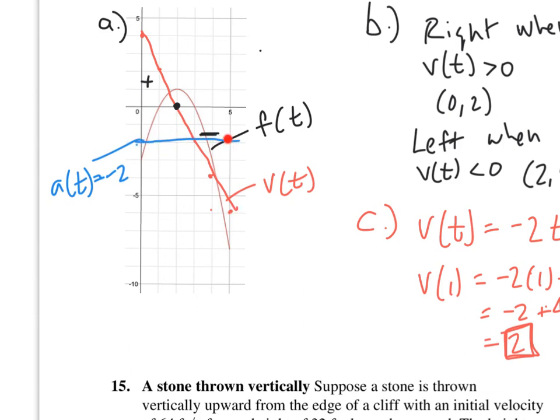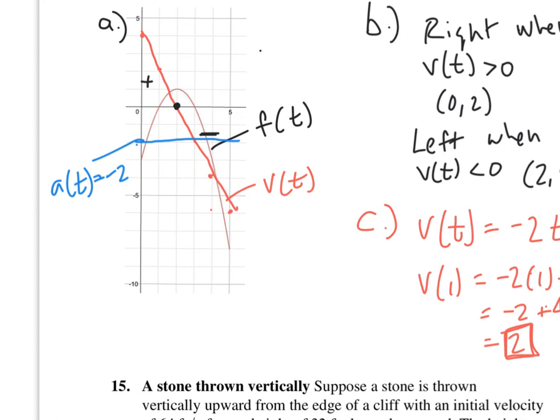Acceleration is negative over the whole interval from 0 to 5, but velocity is negative from 2 to 5. So the object is actually speeding up from 2 to 5.